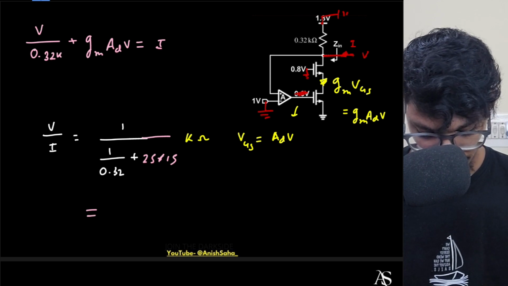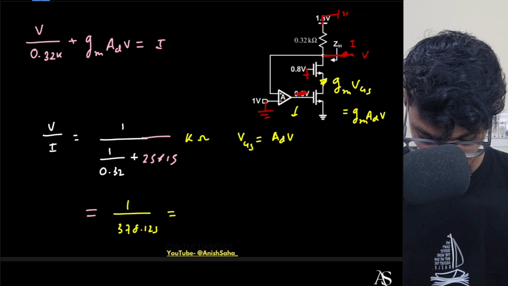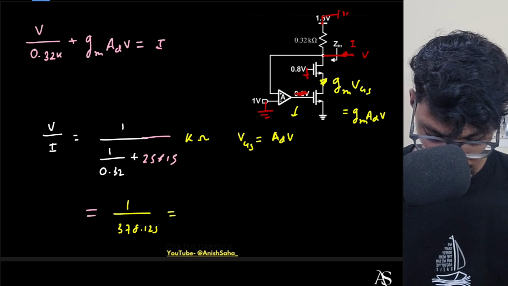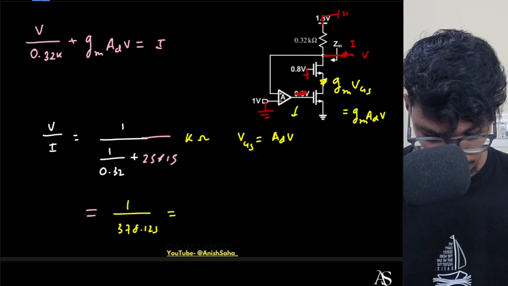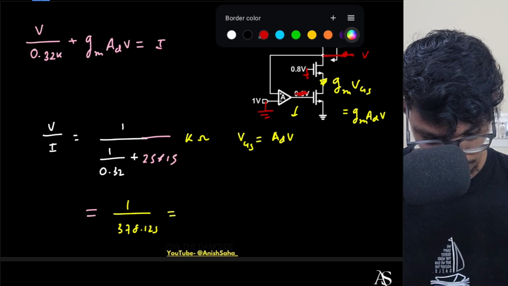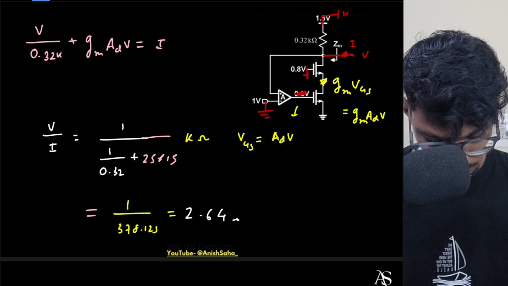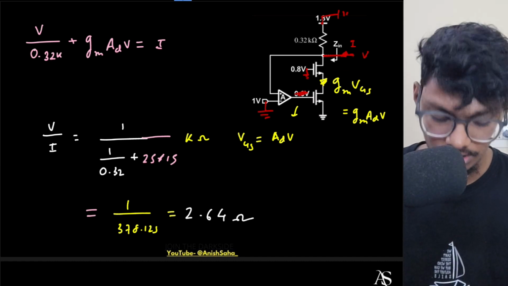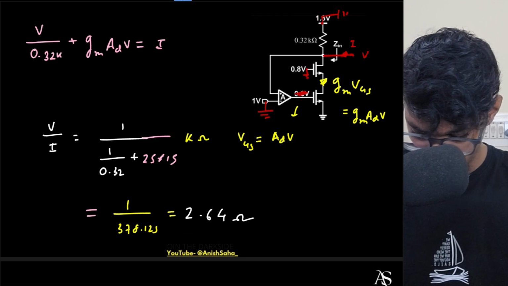This will be 1 by 378.125, which equals, if I take the inverse and multiply by 1000, since this is already in kilo ohms, 2.64 ohms. So basically this GM is contributing hugely to reducing the small signal impedance. So your answer will come out to be 2.64 ohms. So this will be the solution for this particular question.